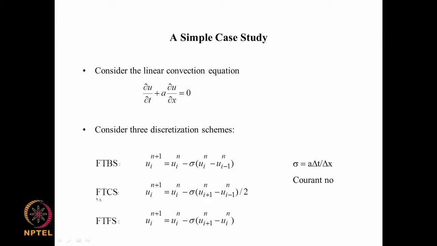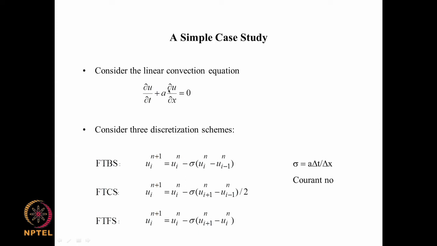In FTCS we have the same forward in time, because forward in time with an explicit method will enable us to get a quick solution, and at this stage we want to test with simple expressions. So you have the same ui n plus 1 minus ui n, but the space derivative is expressed in terms of central differences.